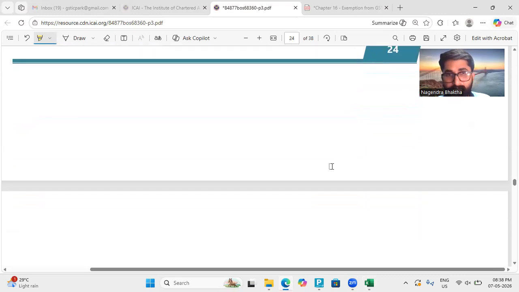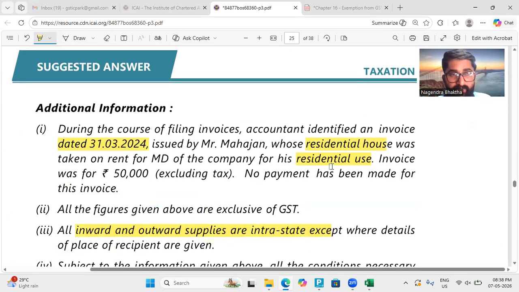Section number 17(5). And here, additional information during the course of filing invoices. I told you this is under RCM. Sir, if I pay any GST under RCM, will I get ITC of that? Yes, you will get the ITC. Okay, here, Mahajan, residential house. So they have not mentioned where the residential house is and what is the place of supply.